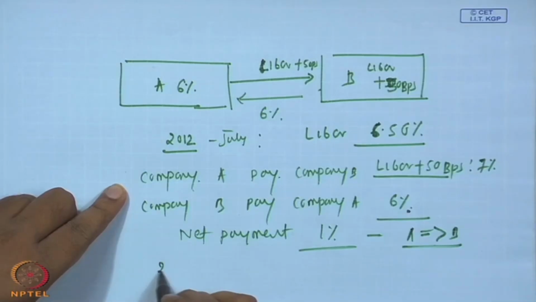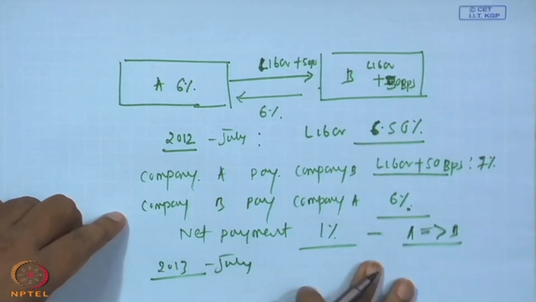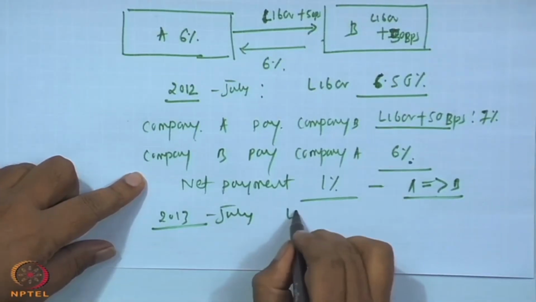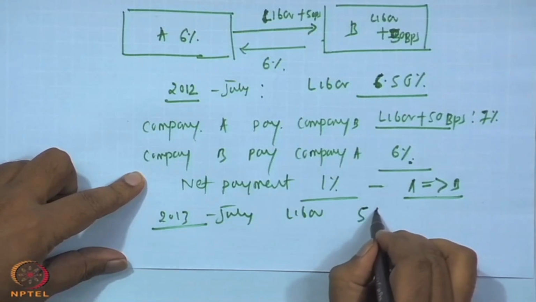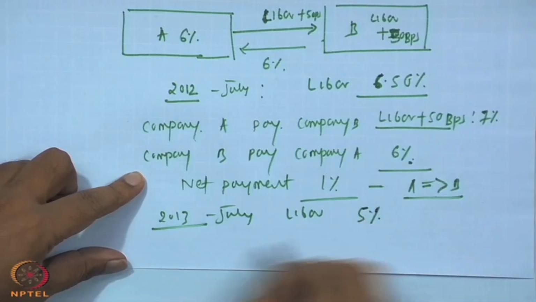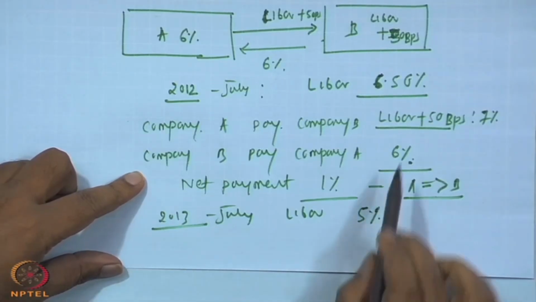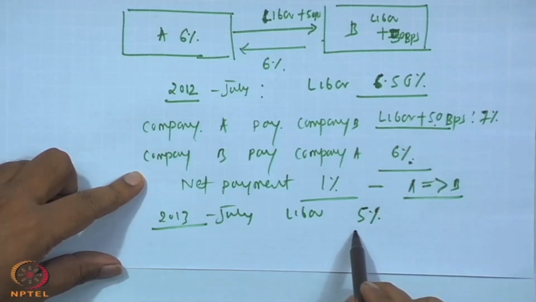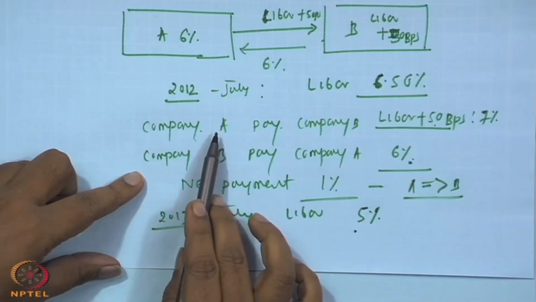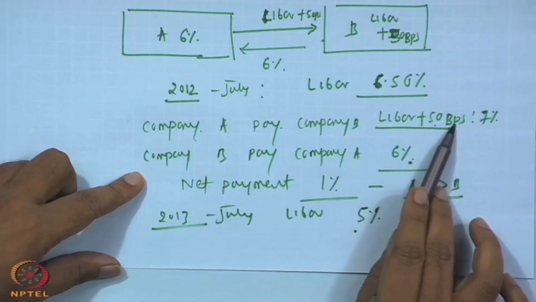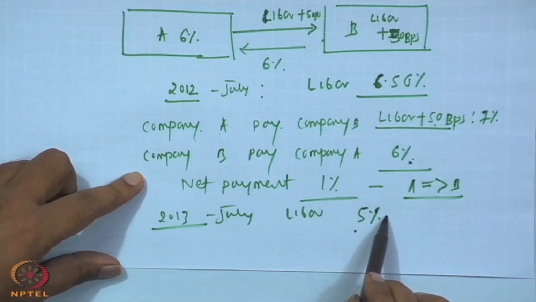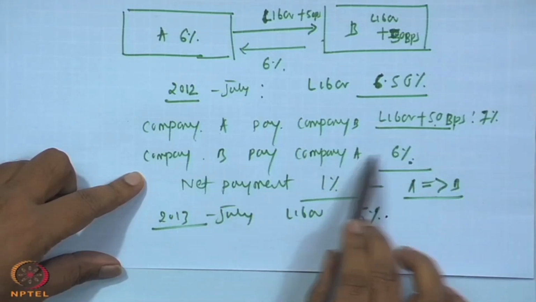Suppose in July 2013, again the interest rate changes and LIBOR becomes 5%. Now 5 plus 50 basis points is 5.5, so company A will pay company B LIBOR plus 50 basis points, 5.5, and company B will pay company A 6%.